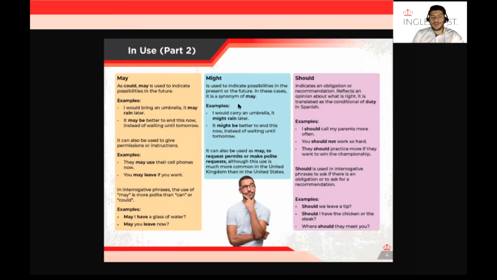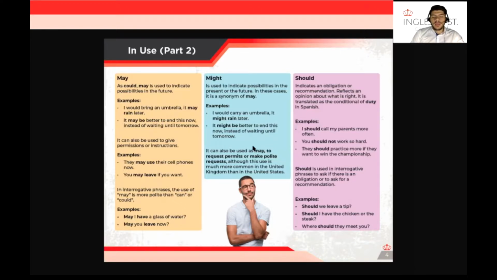So we don't really have to look into might a lot because you can just interchange them and use them as the same. For example, in the last part where we have the example of may I have a glass of water, we could say, might I have a glass of water, which is a lot more British. Also here, you may leave if you want, you might leave if you want. We can interchange it whenever we want to.